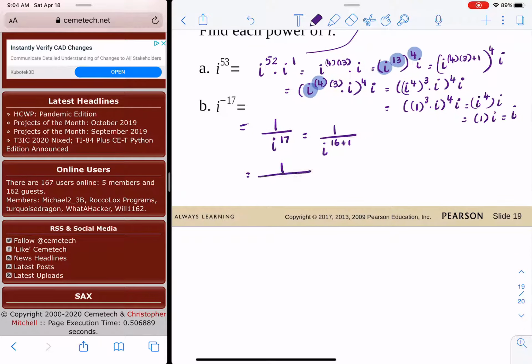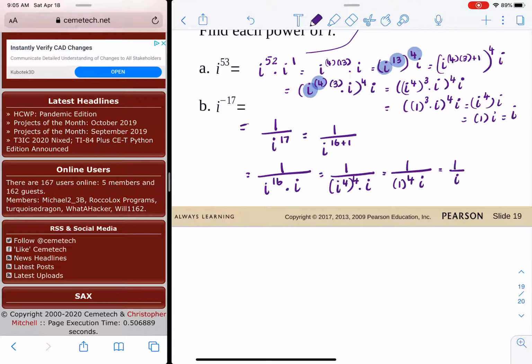So 1 over i raised 16 times i. I could write i raised 16 as i raised 4 raised to the power of 4. i raised 4 is positive 1, 1 raised 4 times i, so we have 1 over i.